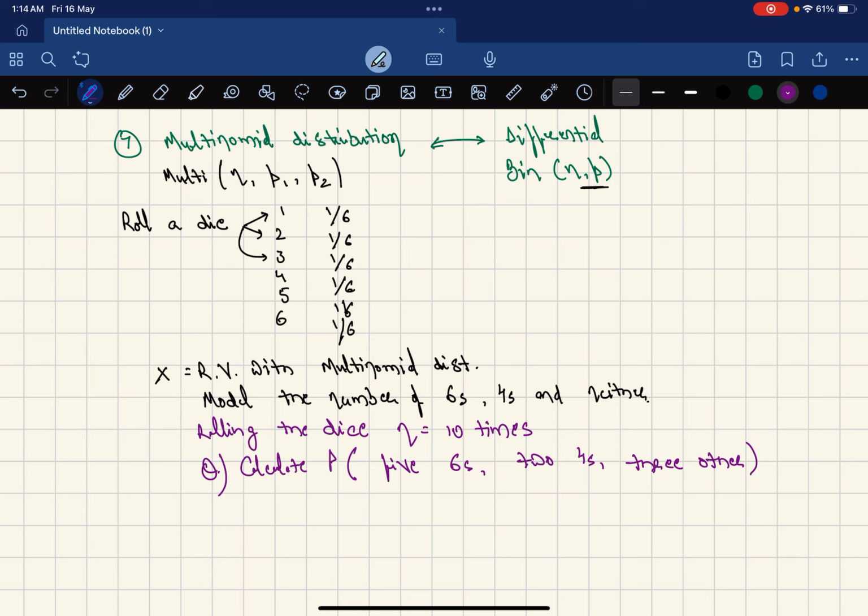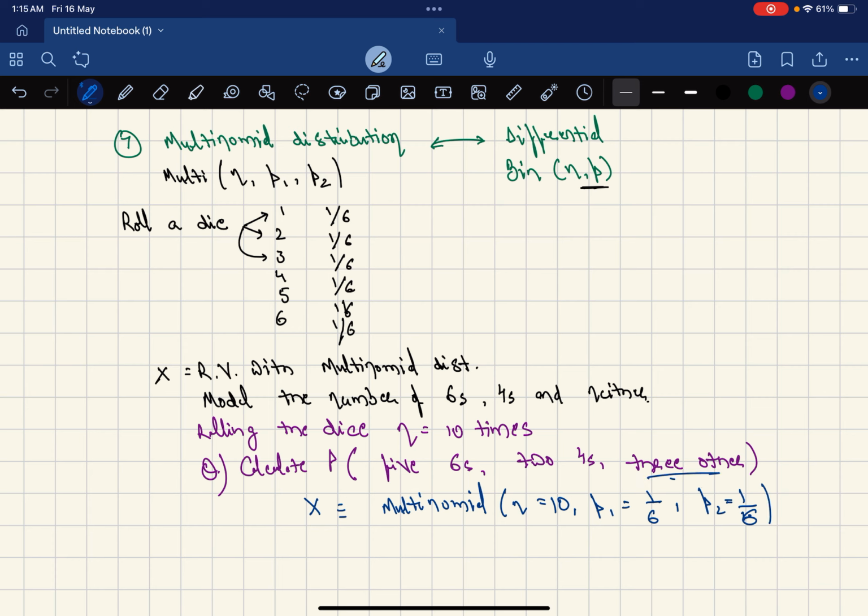Now how we can solve this particular problem with multinomial distribution is, first we need to get the required parameters. So we can define the random variable here as multinomial. The sample size is 10. The probability of getting a 6 on any of the trial is 1/6. The probability of getting a 4 in any of the trial is 1/6 again, sorry.